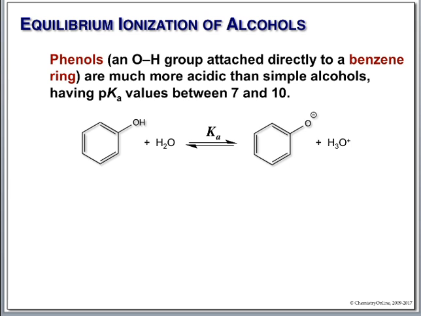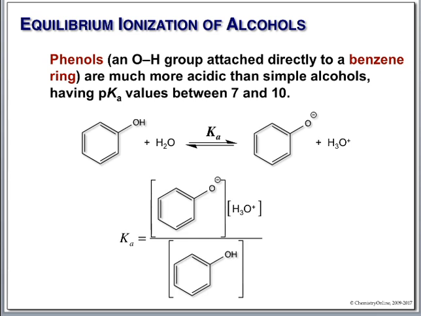Again, this acid dissociation forms the phenol anion. Same equation, products over reactants. Phenols are much more acidic than simple alcohols. Here the Ka is about 10 to the minus 10 instead of 10 to the minus 16. Now we just talked about electrophilic aromatic substitution.